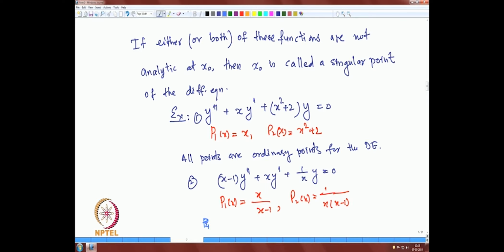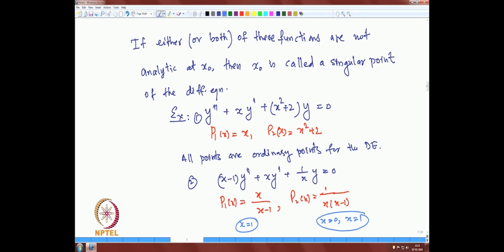For p1, x is equal to 1 is a point at which p1 is not analytic, and x is equal to 0 and x is equal to 1 for p2 is not analytic at these 2 points. Therefore, the differential equation is analytic for all points except 1 and 0.